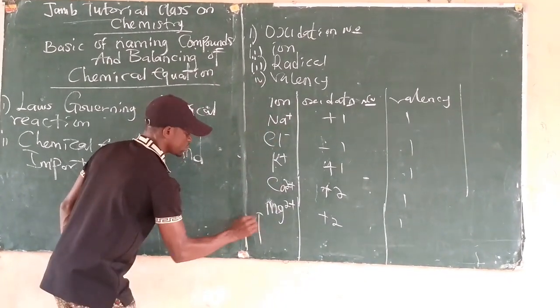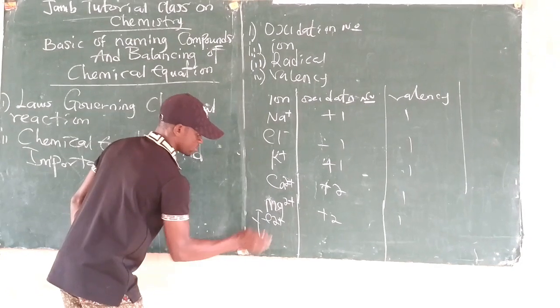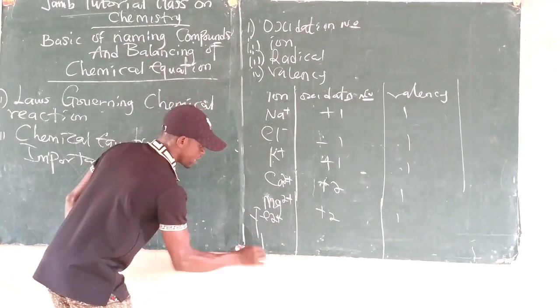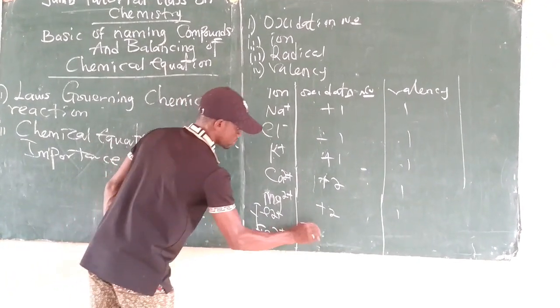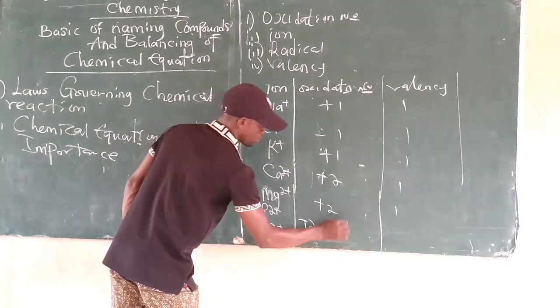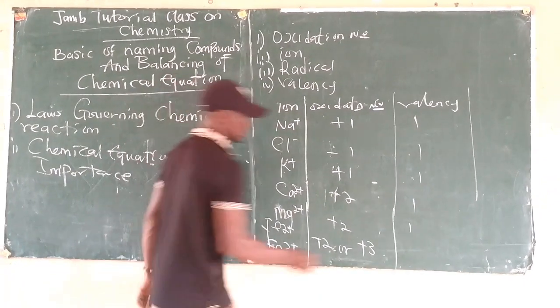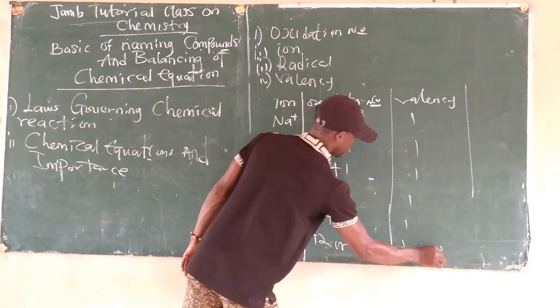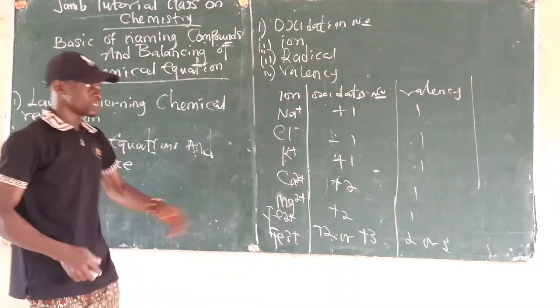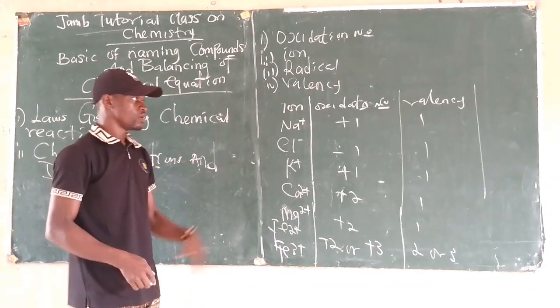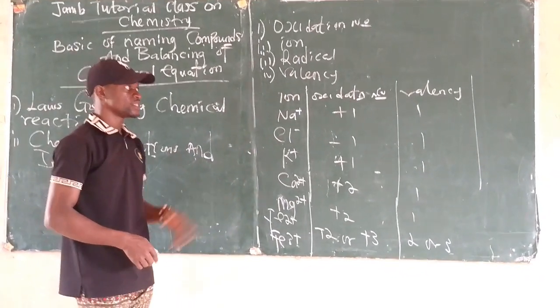We also have Fe2+. Sometimes it could be Fe3+, which is sometimes +2 or +3, depending on the compound in which it is found. Then we have 2 or 3. So these are just a few examples of an ion, its oxidation number, and valency.